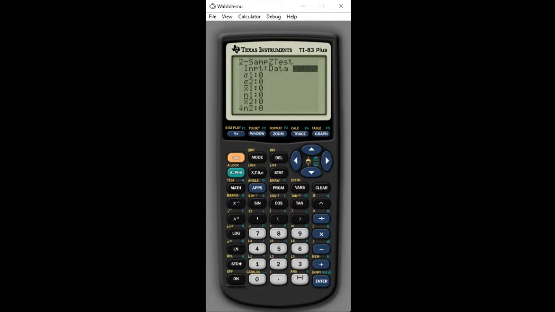We're going to go to stats. So my sigma 1 is going to be 20. My sigma 2 was 23. My X1 was 210, and my N1 was 28. My X2 was 227.